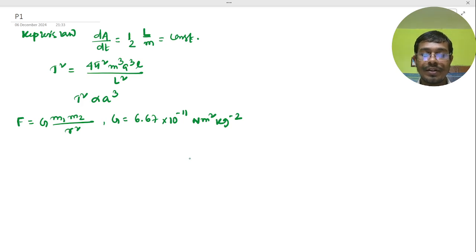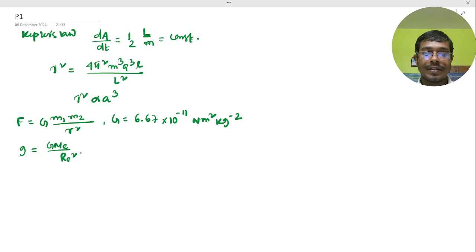The acceleration due to gravity is defined as g equals G Me by Re squared, where Me is the mass of the earth and Re is the radius of the earth.